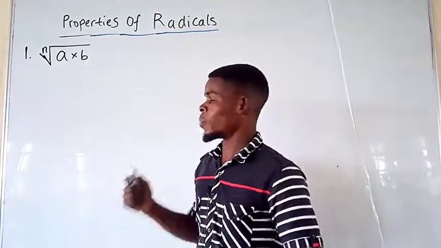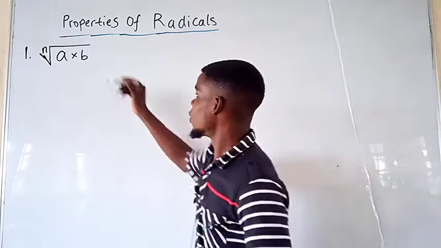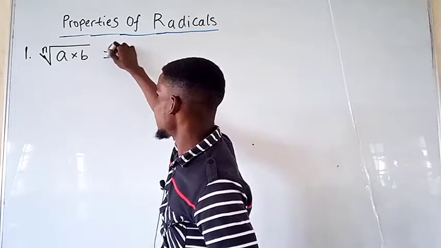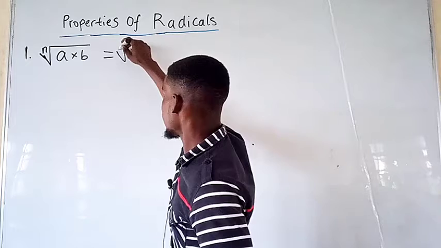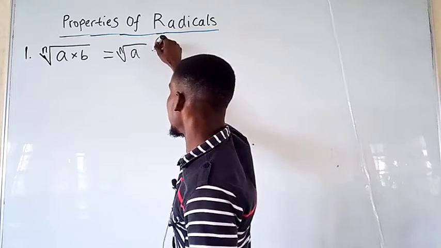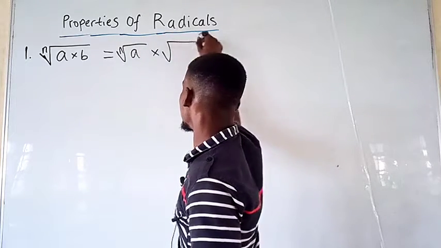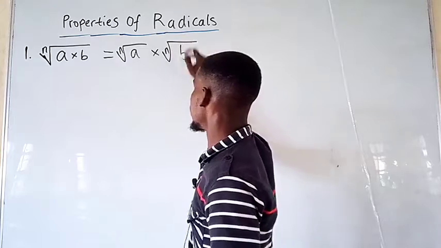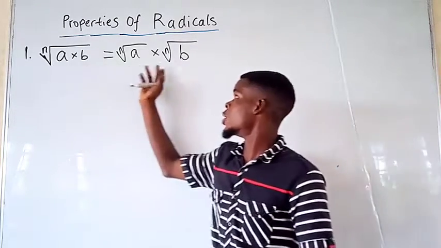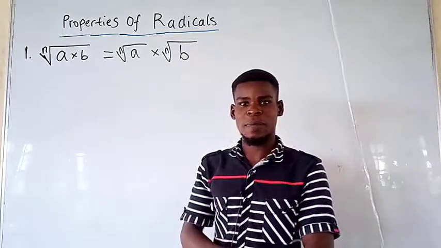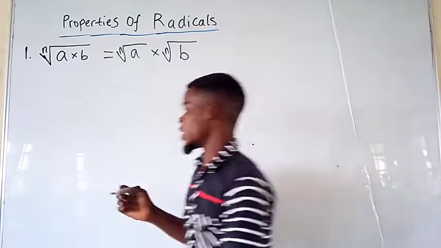So this is the same thing as the nth root of a times the nth root of b. So the nth root of the product of two numbers is the product of the nth roots of those numbers, right? Okay, very nice.